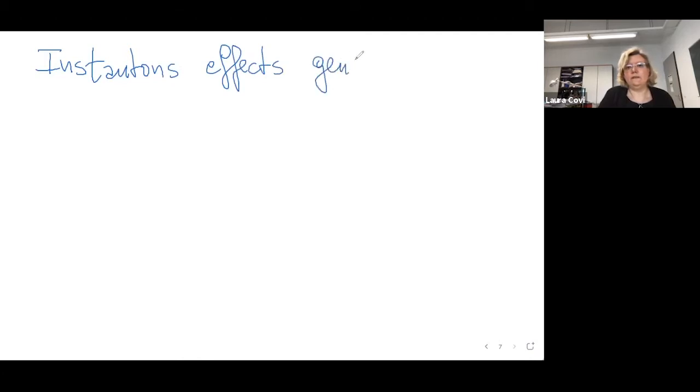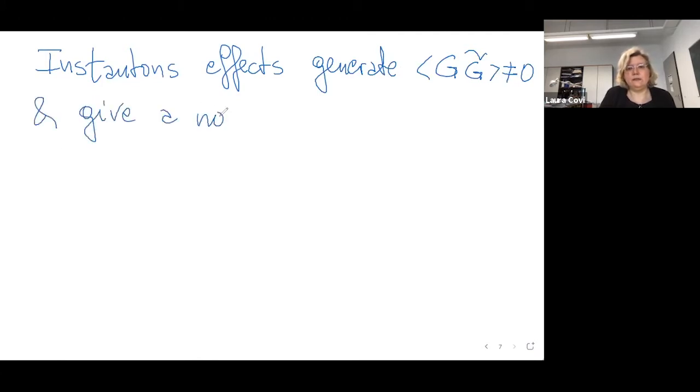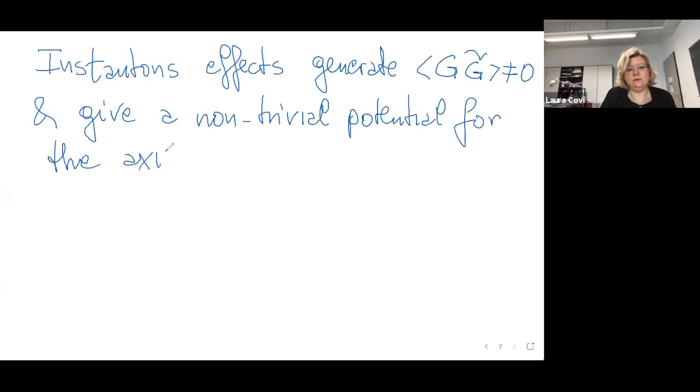They generate a non-trivial vacuum configuration. The GG dual term here has a vacuum expectation that is not zero, and gives a non-trivial potential for the axion.